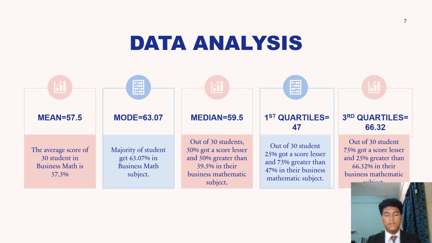Furthermore, this is the data analysis. I have included the mean, the mode, the median, and the first and third quartiles. For the mean, I get 57.5, for the mode I get 63.07, and for the median I get 59.5. First quartile, I get 47, and third quartile, I get 63.32. From this data, I can say that the average score of the 30 students in business math is 57.5%, and the majority of students get 67.07%.